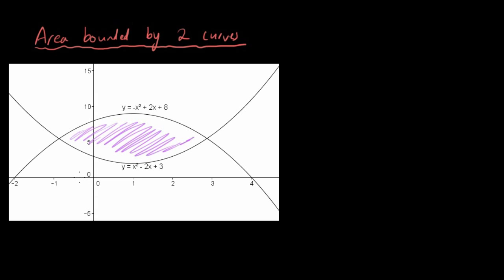How we can do that is, firstly, we need to know these points of intersection, where these two curves intersect. Then we're going to integrate the top equation and find the area below the top curve, so this big area.